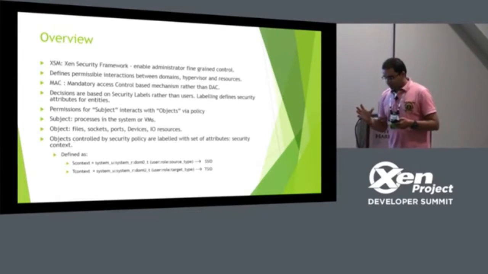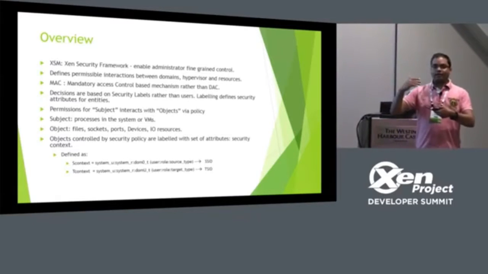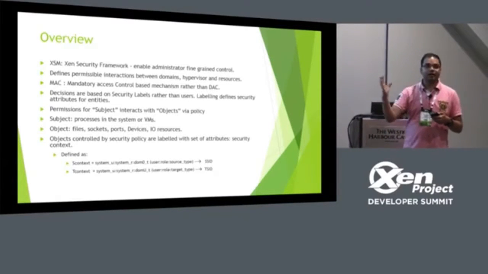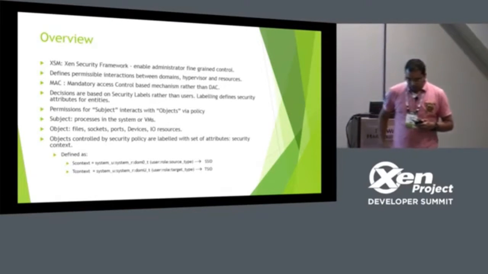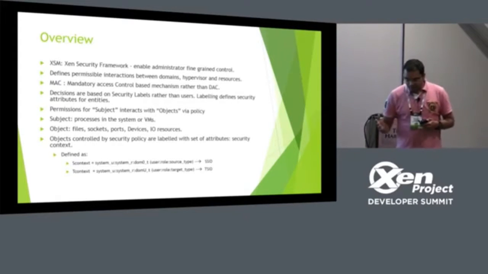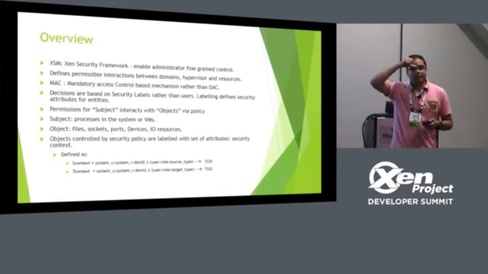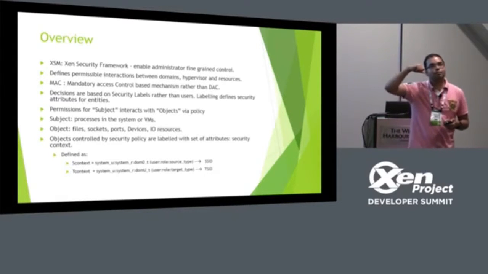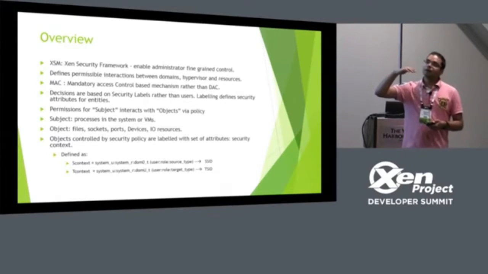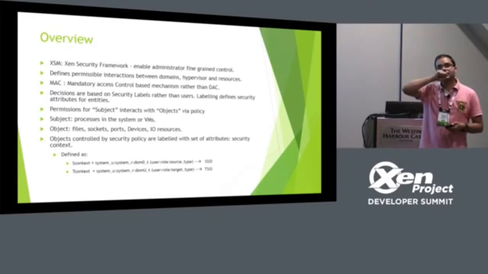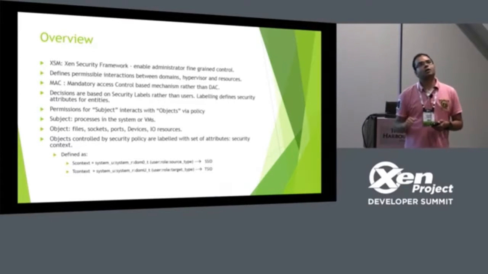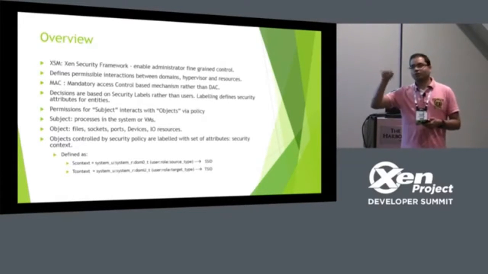Now, associated with each security context comes a target class. A target class can be thought of as a container that encapsulates the permissions associated with a particular entity, a particular subject or an object.